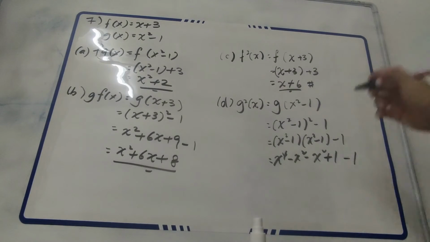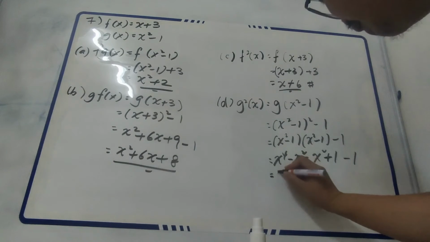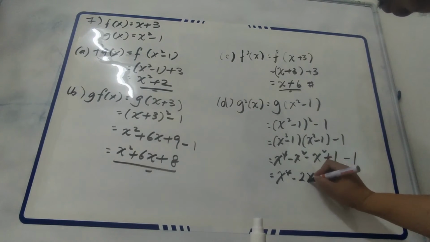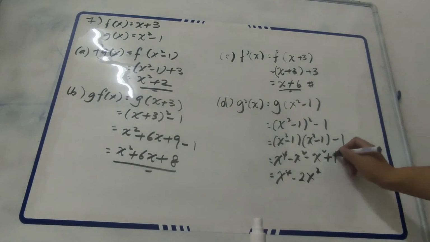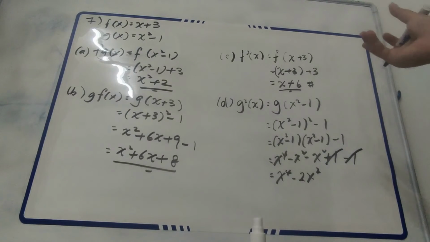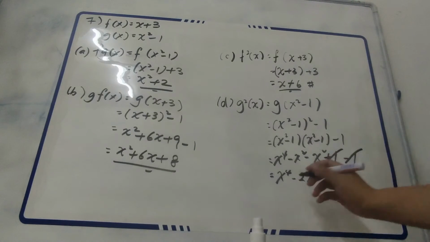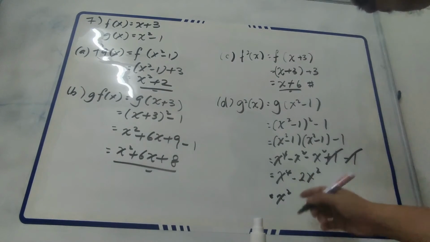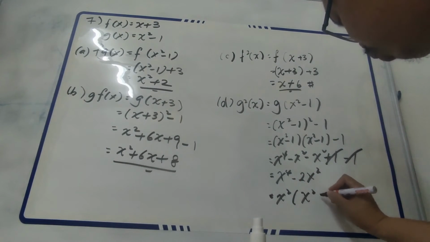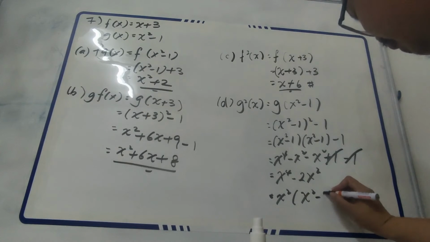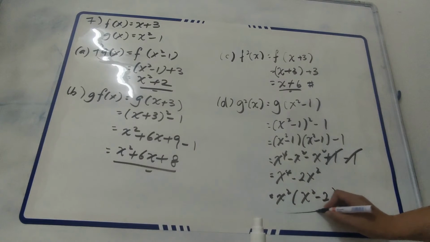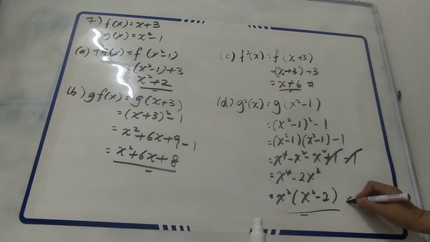You will find that the answer is x to the power of 4 minus 2x squared, plus 1 minus 1 becomes 0. This is the answer, but you can still factorize it: x squared times x squared minus 2. So this is how you solve question number 7.